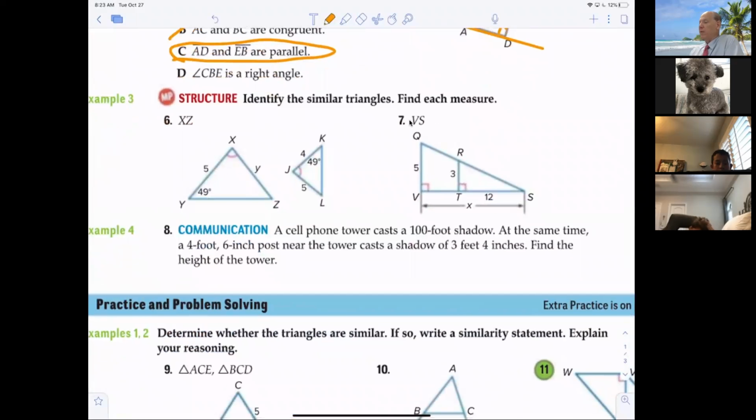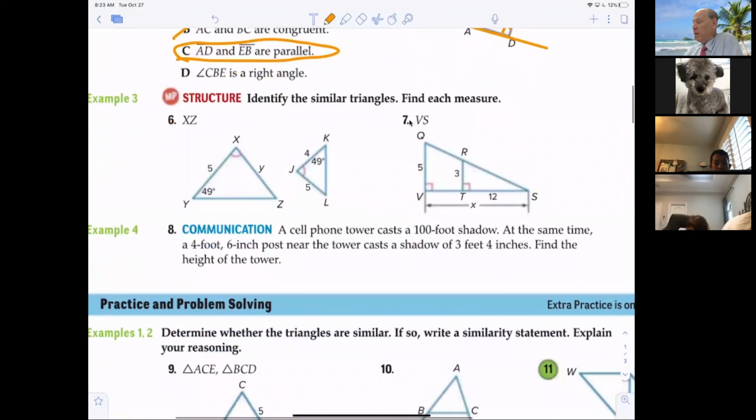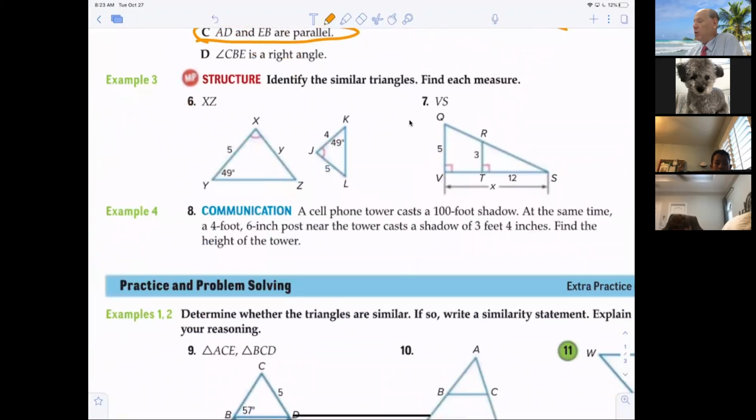Okay, now we have to identify the similar triangles, and then it says find each measure. If they are similar, then their sides are what? Proportional. That is correct. So in question number 6, are they similar? No, wait. Uh-oh. No, because the angle doesn't line up. Because the 49.